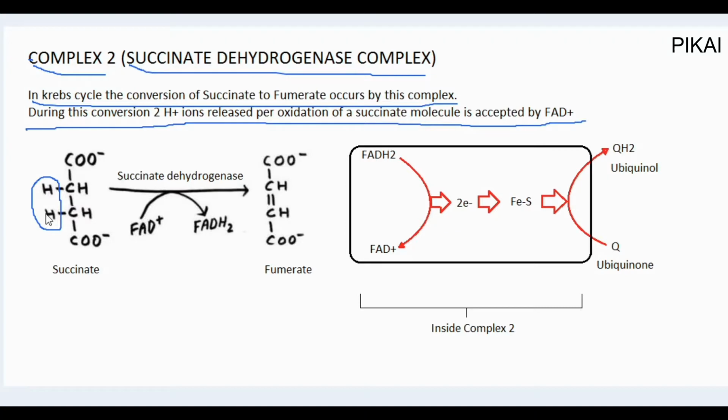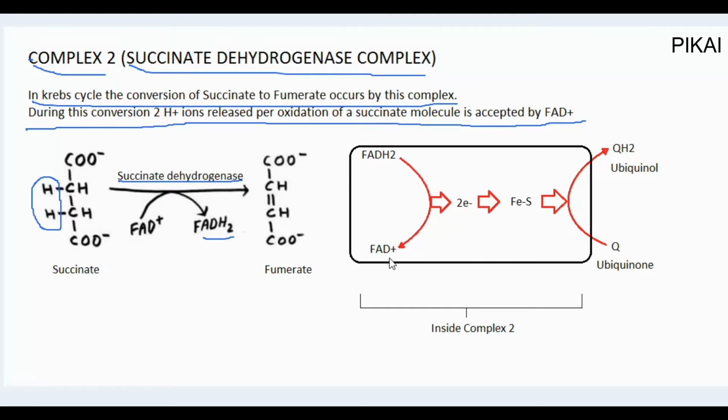The hydrogens in succinate are removed and a pi bond is added instead. These hydrogens are removed by the action of the enzyme succinate dehydrogenase, and the removed hydrogens are accepted by the FAD plus molecule, converting it to FADH2. Now inside the complex, this FADH2 is converted back to FAD plus.